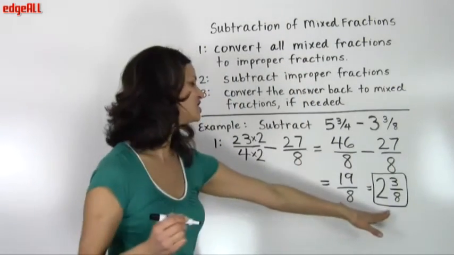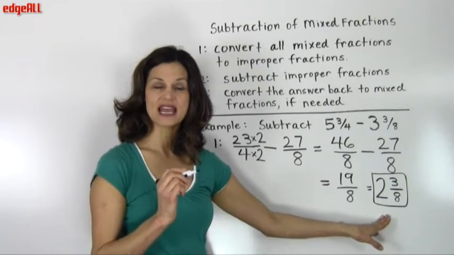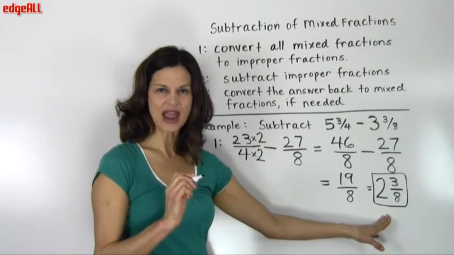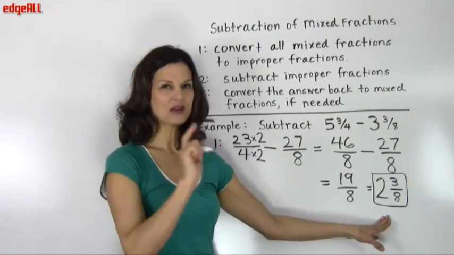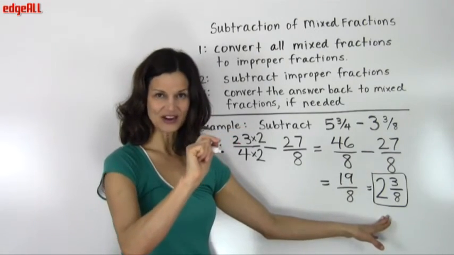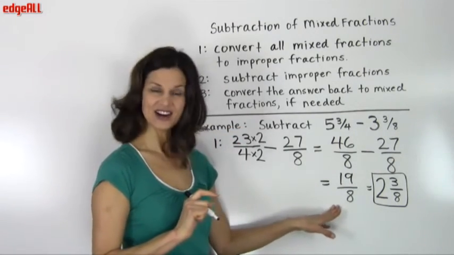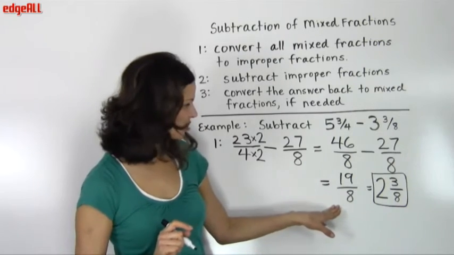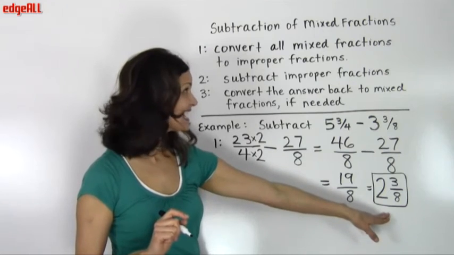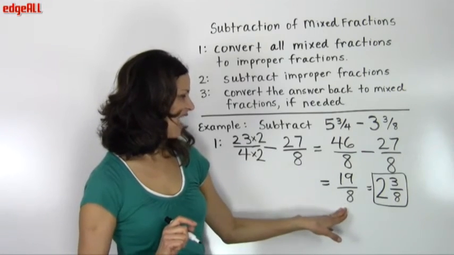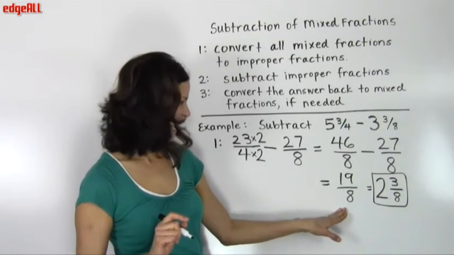And we can always check our mixed fraction to see if we got the answer right by doing the little trick of multiplying the denominator by the whole number, adding the numerator, and seeing if we get back to here again. So let's check our answer and make sure that 2 3/8 really is the mixed fraction of the improper fraction 19 eighths.